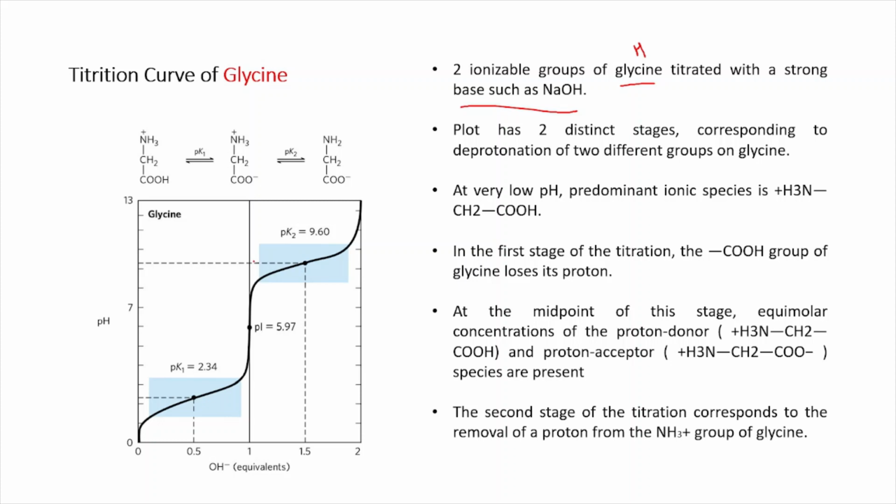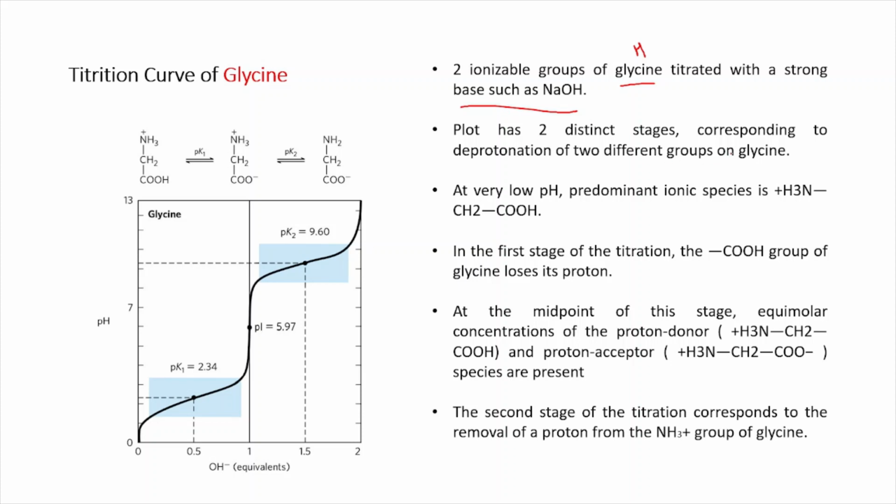If you titrate a weak acid with a base, you get a titration curve as shown on the left-hand side of the figure. Compare it with the titration curve of acetic acid titrated with NaOH. You will see great similarity between the titration curves of acetic acid and glycine.